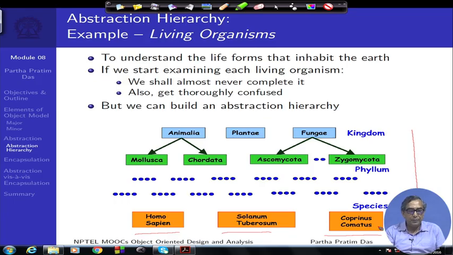But if we just take the species to be the starting point, then there are several of them. So, instead of looking at those abstractions directly, you group them in terms of their commonality and have multiple layers in this. When you come to phyla, you aggregate phyla together, you combine them in terms of their commonality and come to the basic kingdoms of living organisms, where you talk about Animalia, Plantae and Fungi, which say that the basic living organisms are either plants or animals or fungi.